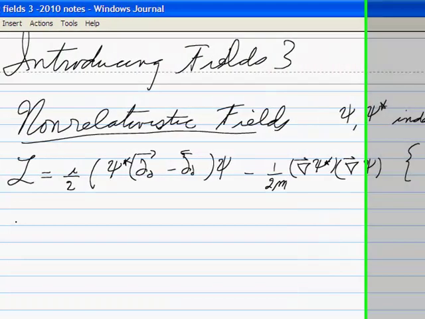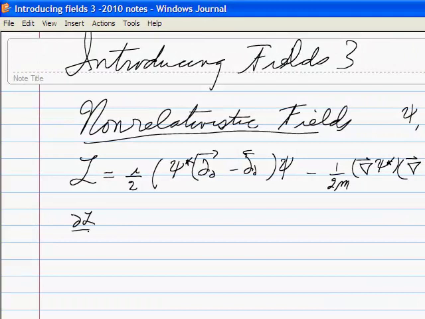You'd say, well, what's dL over d of the time derivative of psi, d0 psi? That's actually, remember, what we're going to call pi, the canonical momentum. Actually I want to do it first with respect to psi star. So let's put stars on that.